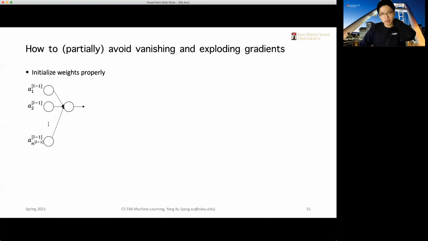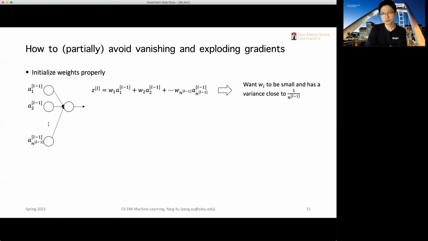So how do we handle this? One option is to initialize the weights properly. If we look at the connection between one layer and the next, the Z's will be the inner product between the W, the weight parameters, and the activations from the previous layer, right?